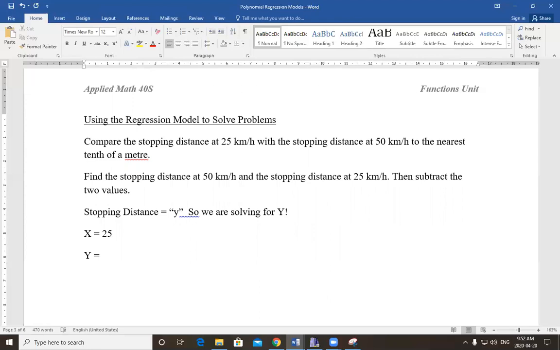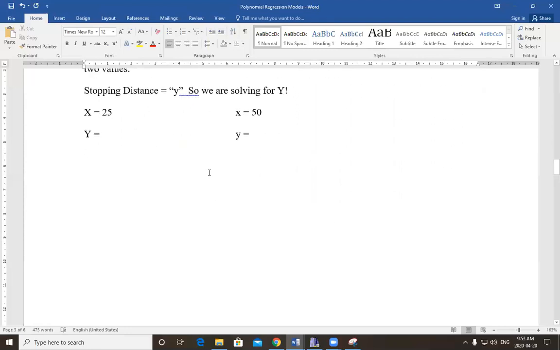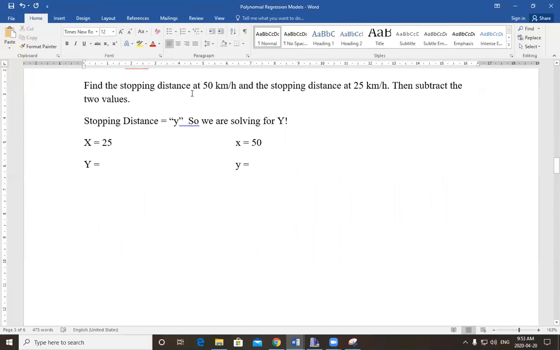Then we'll plug in x equals 50, and we'll solve for y. We'll do this on Desmos. So because we want the stopping distance, and we're given the speed is the x, this is solving for y by plugging in x equals 25 and x equals 50.